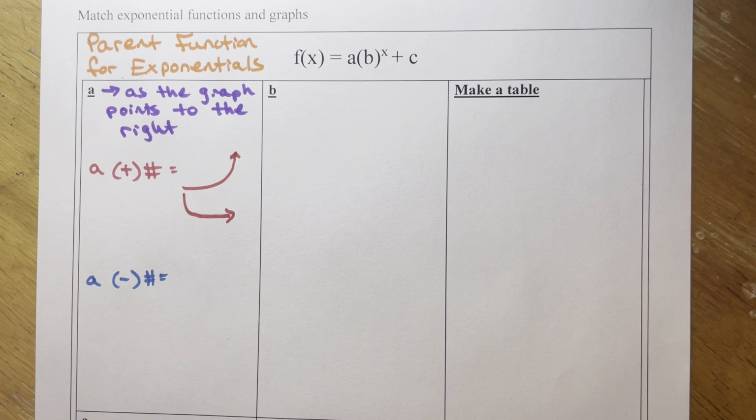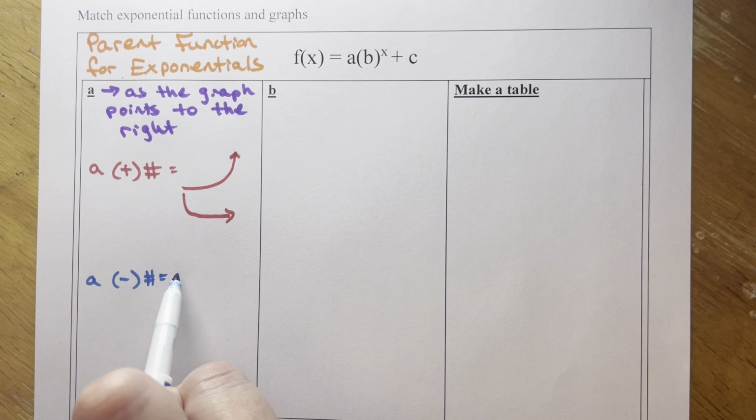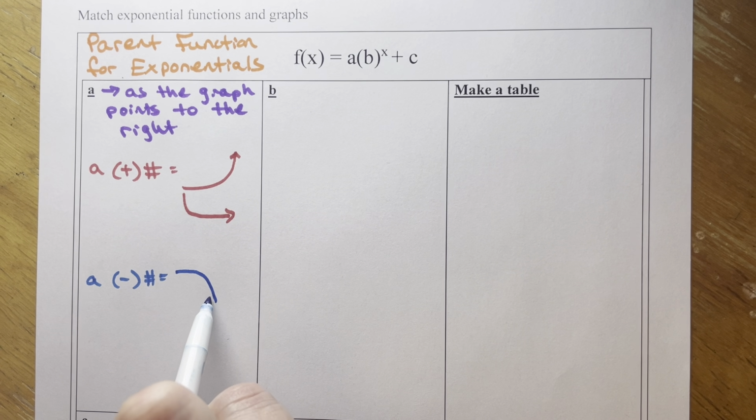If a is a negative number, then as we travel to the right, our curve could be going down, down, down very quickly, or it could be topping out, not so much bottoming out, but topping out as we head to the right.